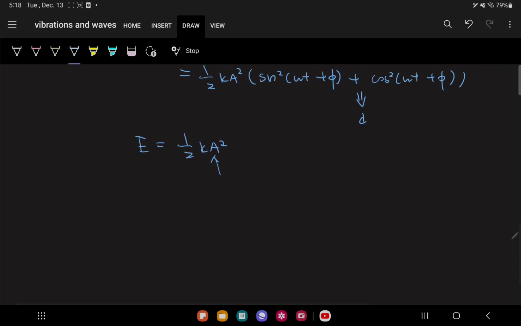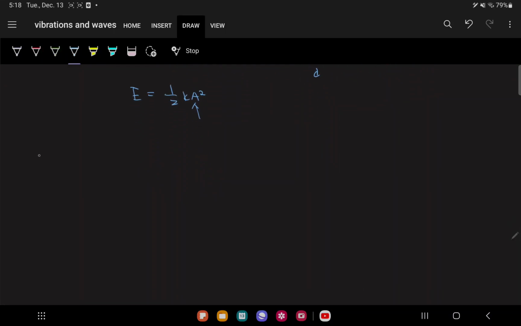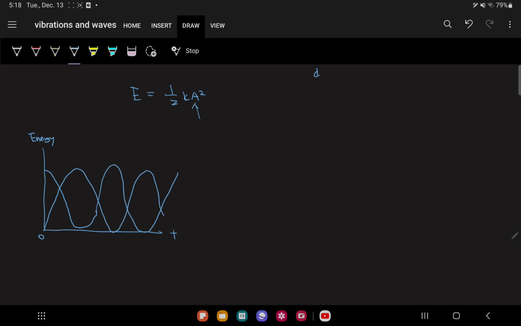So the graph of the total energy is going to look something like this. I'm going to draw it where the y-axis is energy and our x-axis is just t. Our potential energy goes down, and then it goes up, and it goes down, it goes up, where our kinetic energy goes up, and it goes down, and it goes up, and it goes down.